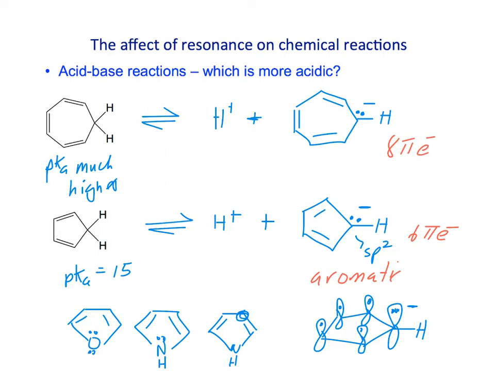So if it's planar, it would be anti-aromatic. I'm not so sure it stays planar, but if it was planar, it would be anti-aromatic, whereas this one down here is aromatic.